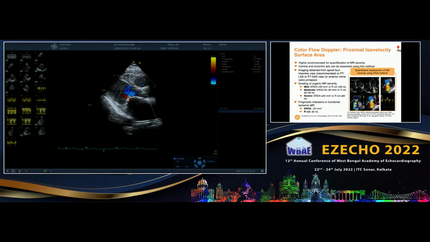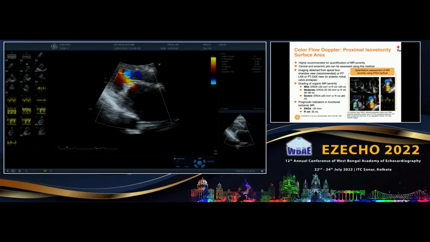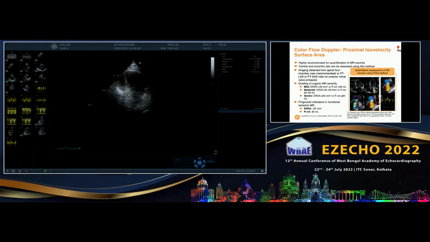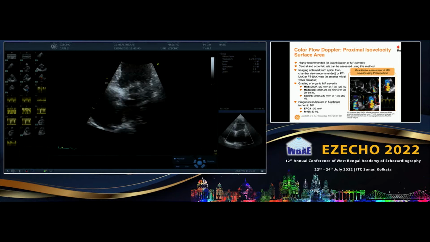Because at 40, you just square the PISA radius and divide it by 2 to get the ERO. 40, 30, 70, it doesn't matter. But take a spectrum in the 4-chamber view, you're looking at the mitral valve. PISA should always be in 4-chamber. If you keep the Nyquist limit at 40, it's very simple: r squared by 2 is your ERO.